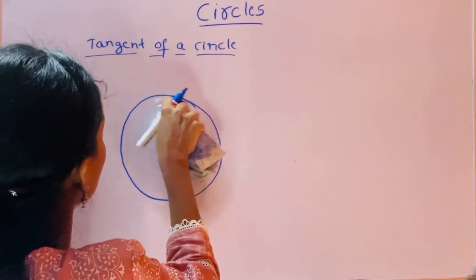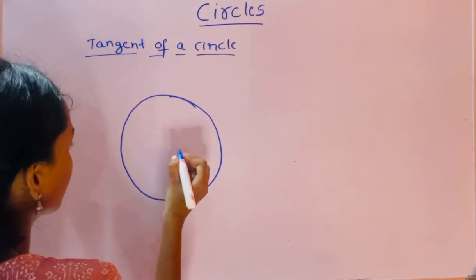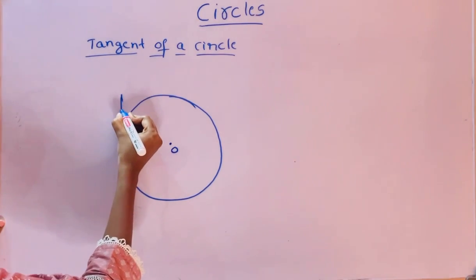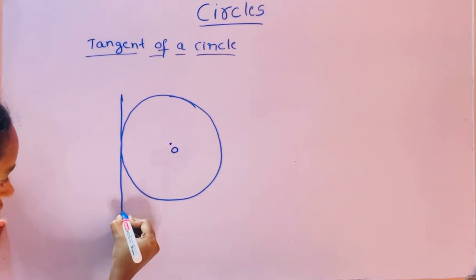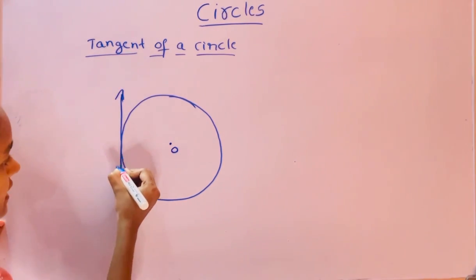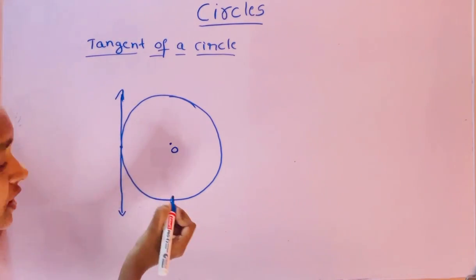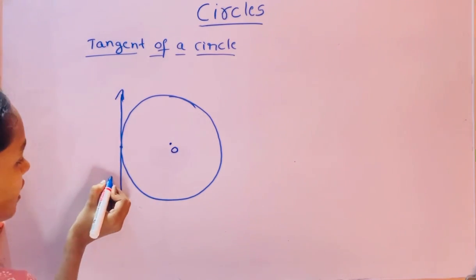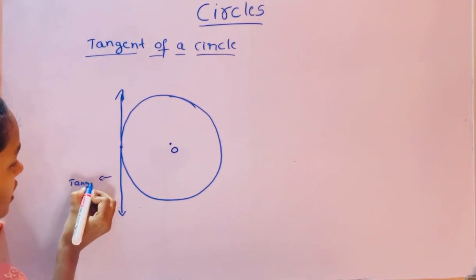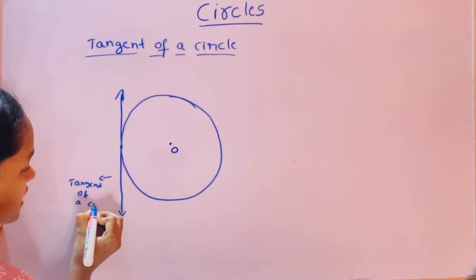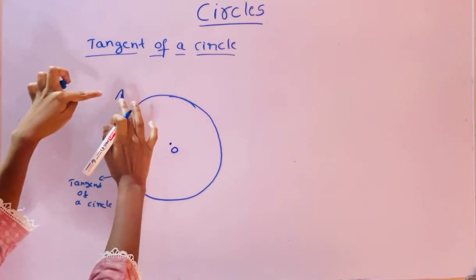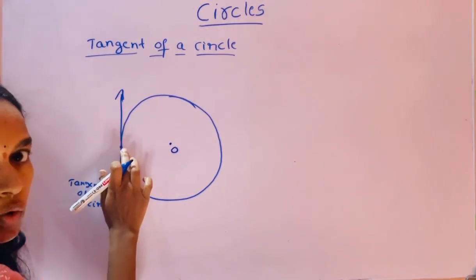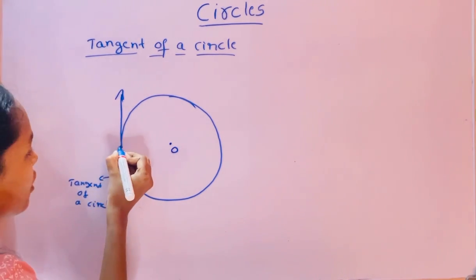Okay, it's a circle with center O. If a straight line intersects a circle at only one point, then this line is called a tangent of the circle. This line is called a tangent because it touches or intersects the circle at only one point, and this point is called the point of contact.